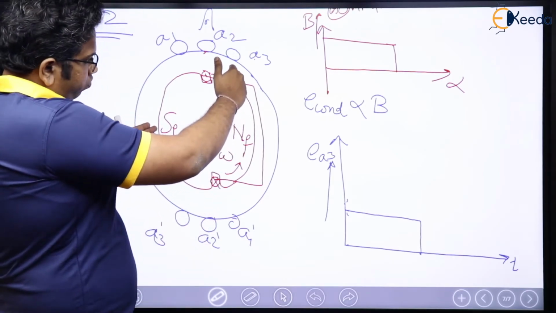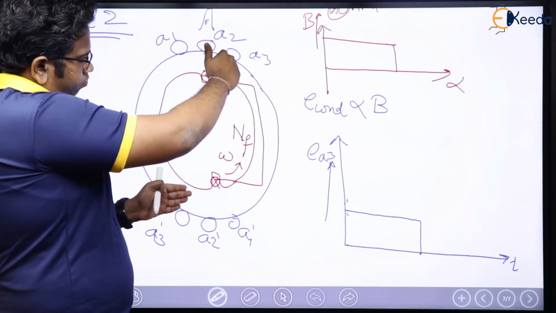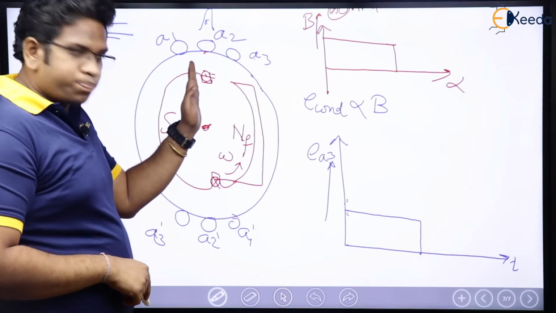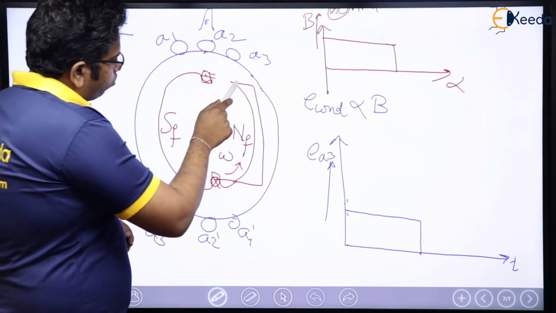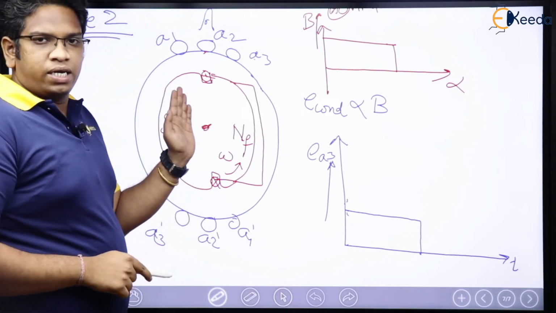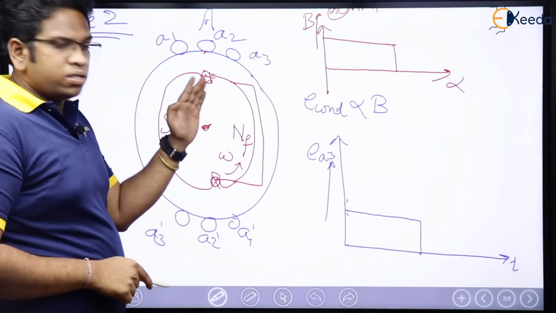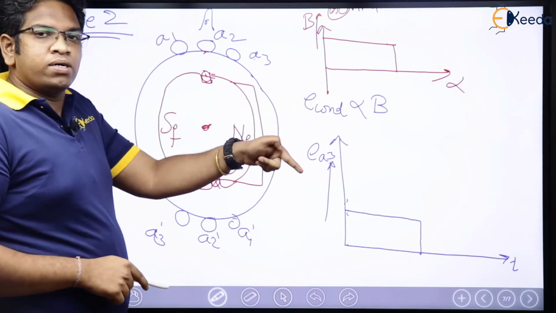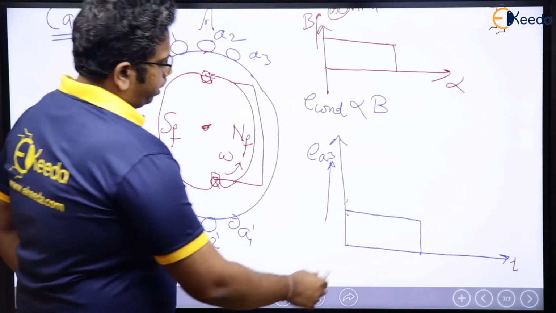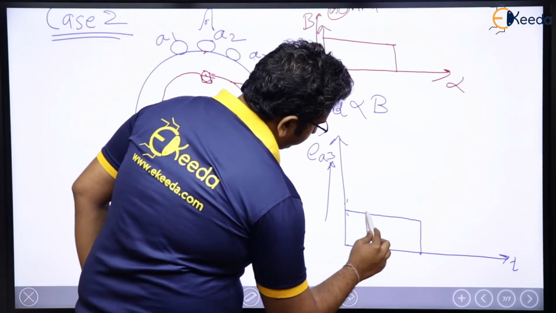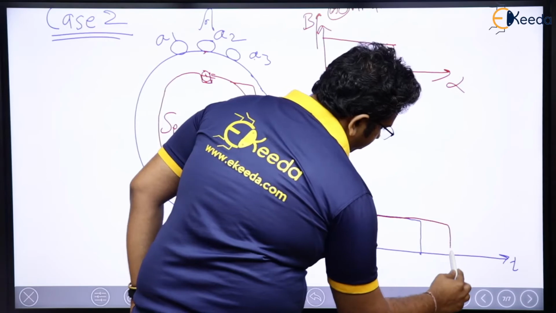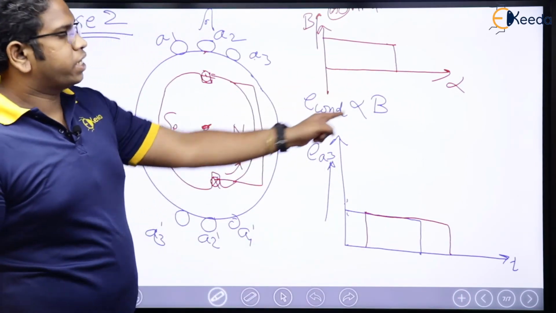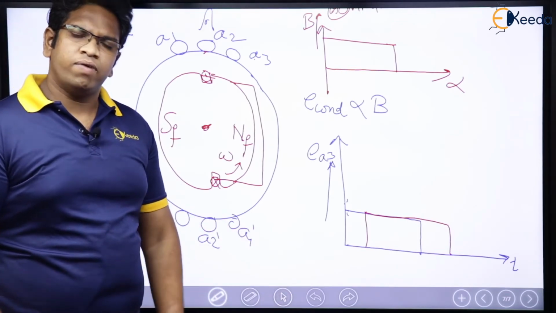Then again if you rotate it further this way, means if you are rotating the field in space again by some angle, then what is going to happen? In time, after some angle, you are going to get induced voltage, and that induced voltage will also be the same, because EMF in a conductor is proportional to B. That's it. Very simple concept.